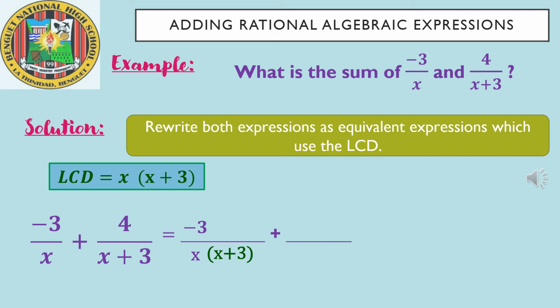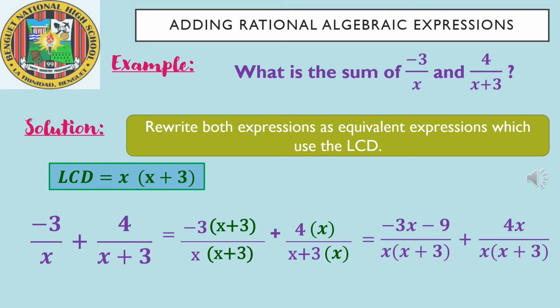But if we change the denominator, we should also change the numerator in the same way. So since we multiplied x plus 3 to the denominator, we should also multiply x plus 3 to the numerator, which is negative 3. For the second RAE, we are going to multiply x on both the numerator and denominator, since x is the factor needed to make the denominator equal to the LCD. If you do this process correctly, the result would be the following expressions. We now proceed to the next step.